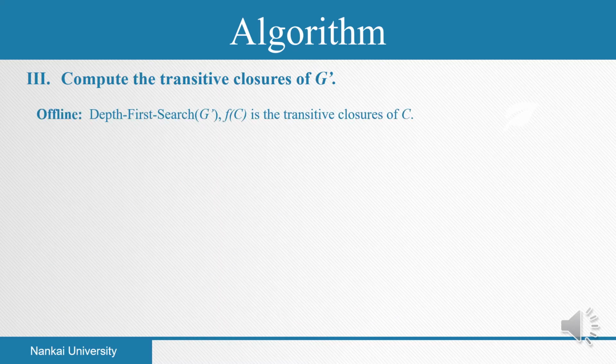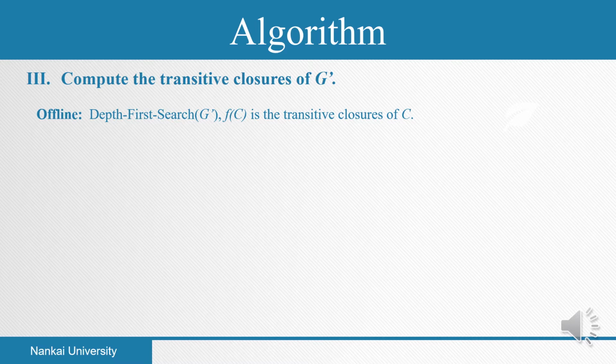Finally, we use DFS on new graph G' to compute the transitive closures. After that, for any vertex V in G, we can be aware of the set of vertices that we can reach.